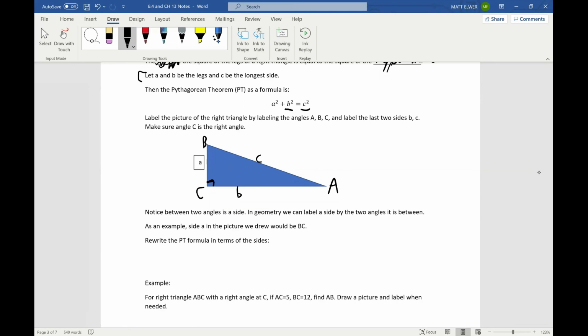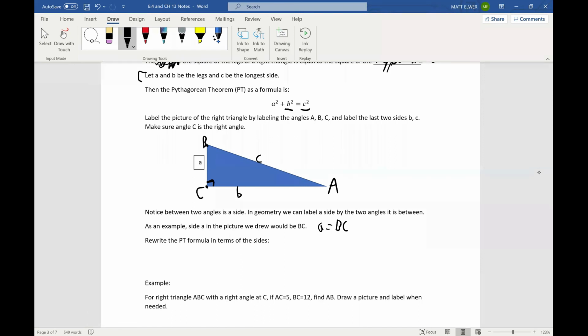And more generally, we can actually just label it with 2 points, right? So if we want to use point capital B and point capital C, we can just label it like that as well. So as an example, we have side A. So side A here is just BC. So side A is the same thing as side BC.